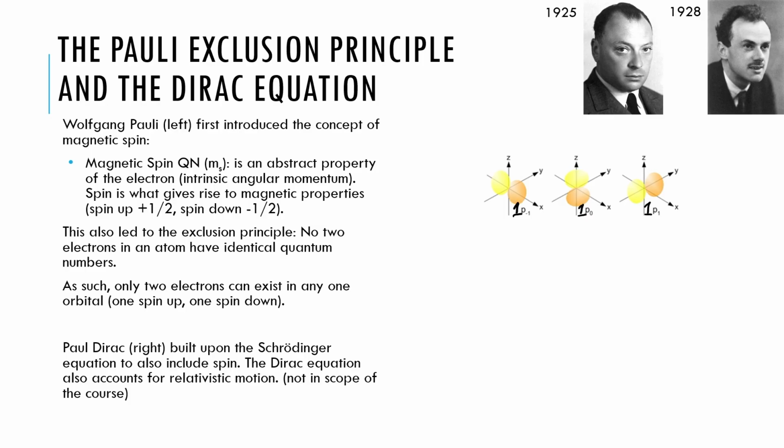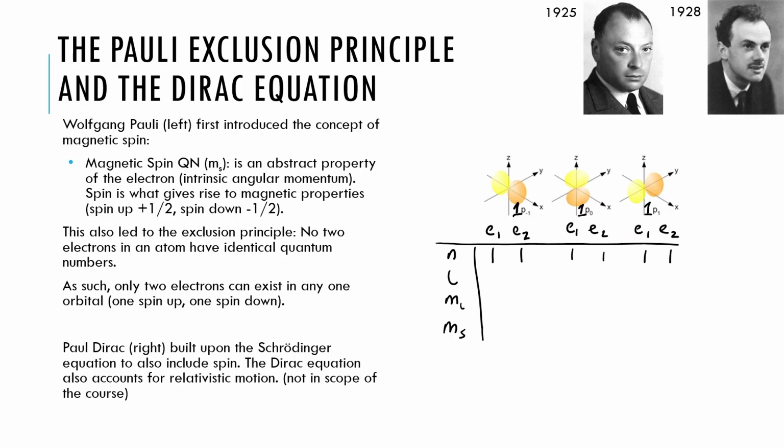Now, each orbital, as it says on the left, is going to have 2 electrons. And each of these electrons is going to have a principal quantum number n, an angular quantum number l, a magnetic quantum number ml, and a magnetic spin quantum number ms. Now, in this scenario, each of the p orbitals is going to have a principal quantum number of 1.